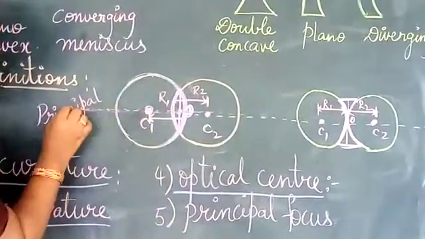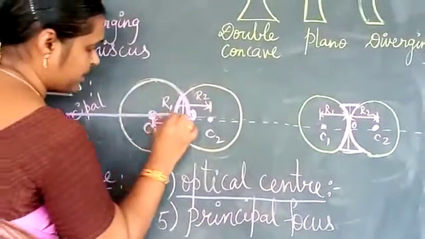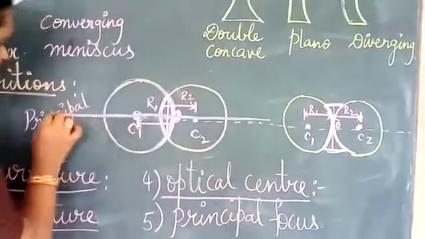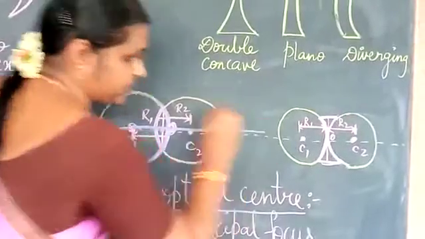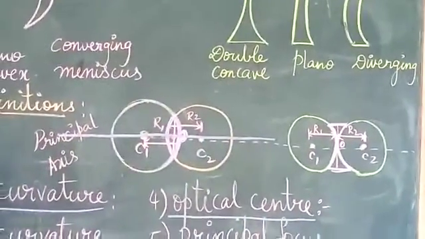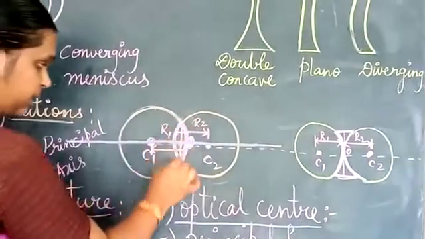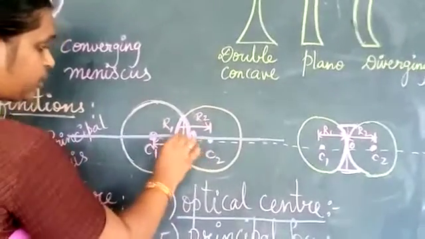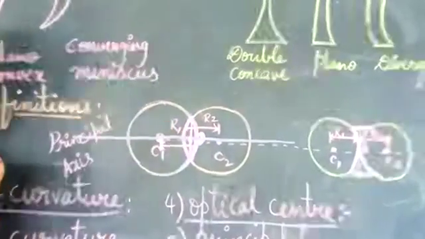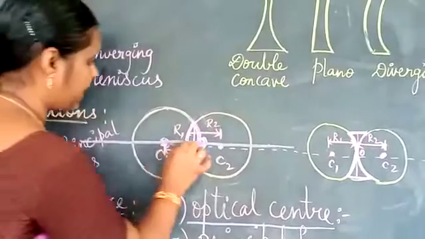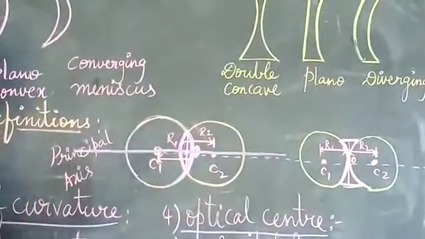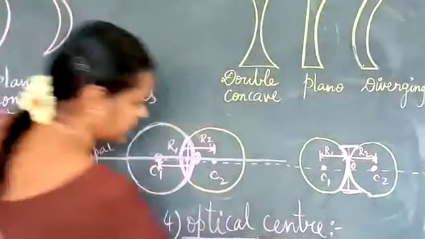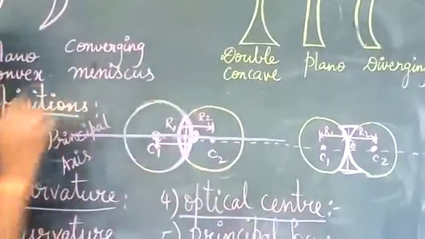A line passing through the optical center moves in a straight path. I have drawn a line which is passing through the optical center. So, what is optical center? The special point on the principal axis. A line which is passing through the optical center moves in a straight path.